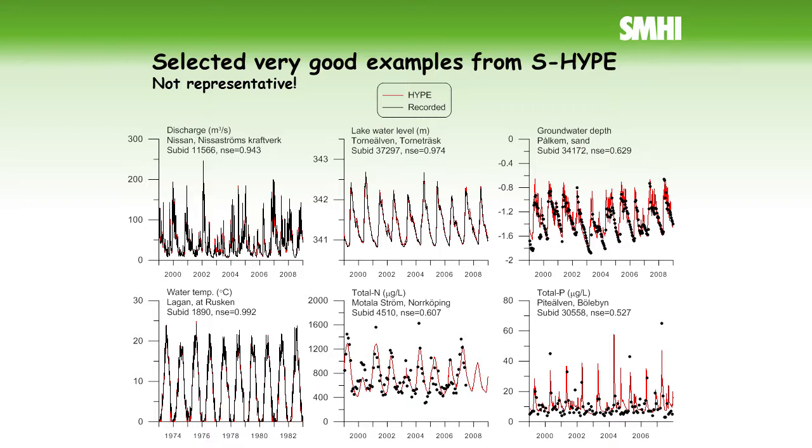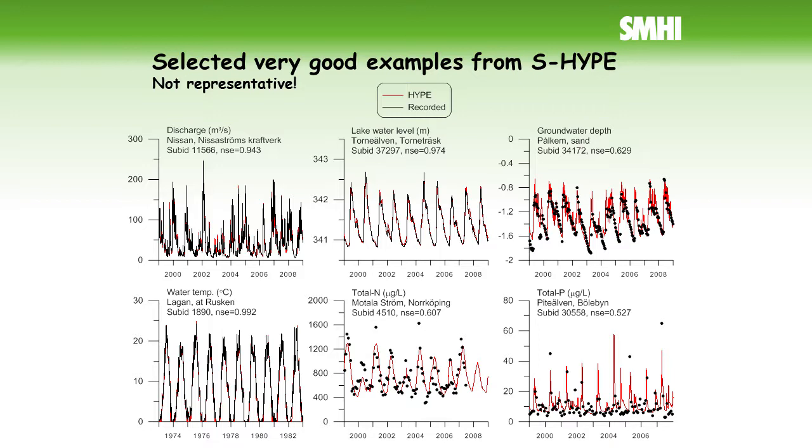Water levels, lake water level, this is an NSE of 0.97. Groundwater depth. Water temperature, this is one of the newer features, and this is the record high NSE of 0.99. Now, it's much easier to get a high NSE with something that has a very strong seasonal variation that repeats itself every year.